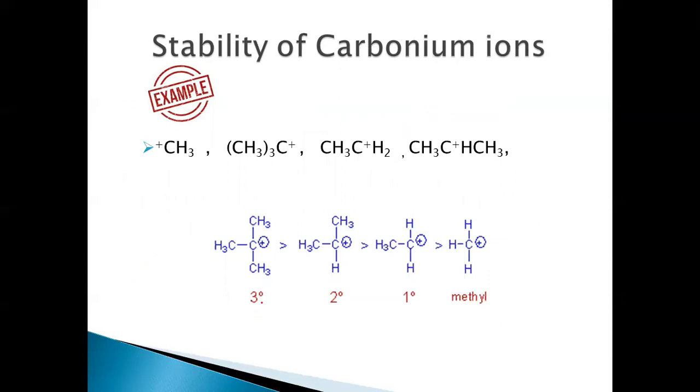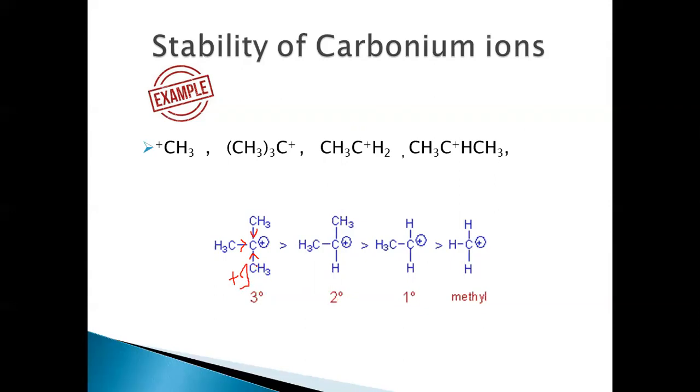This is a tertiary carbonium ion because 3 alkyl groups are attached to this positively charged carbon. This is secondary, this is primary, and this is a methyl group. The tertiary is more stable because of the 3 CH3 groups attached to the central positively charged carbon, which is stabilized because of the plus I effect of alkyl groups.